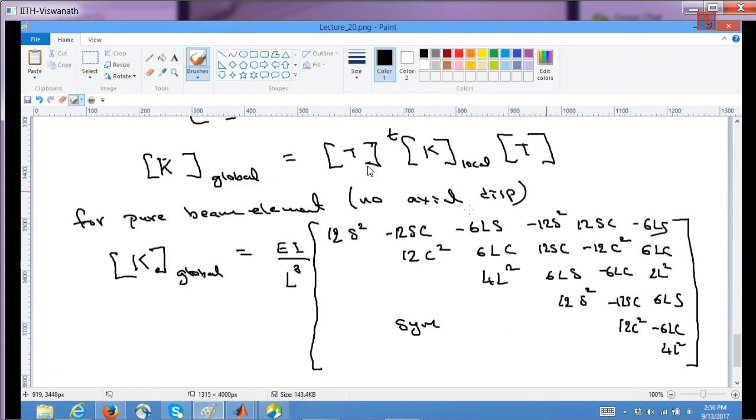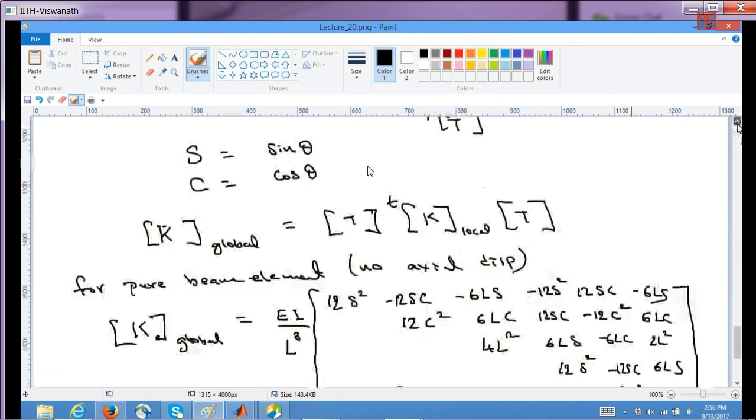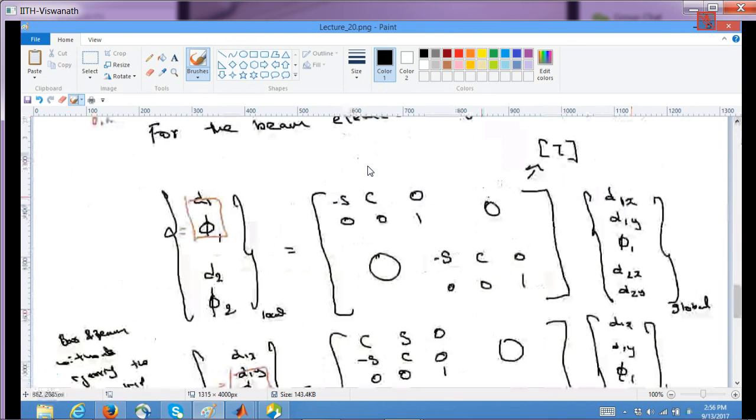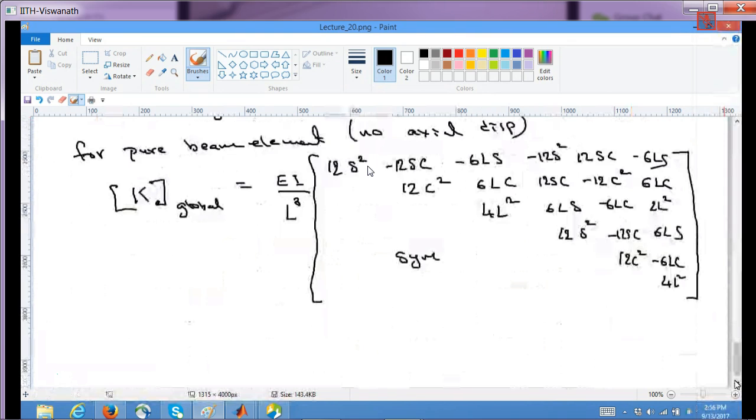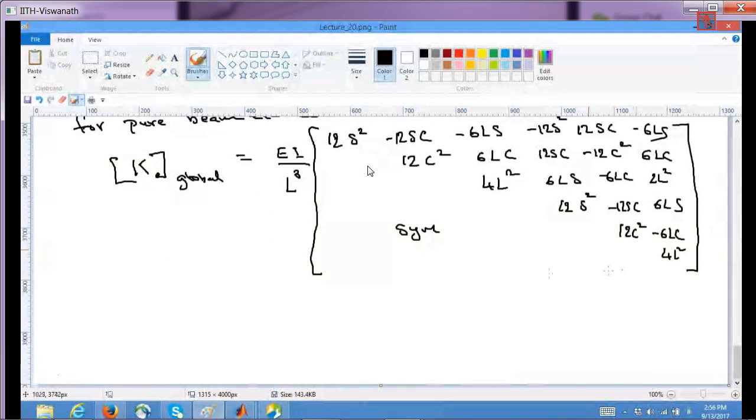If I take this as the T and multiply with my k local, which we already know and which I used to write every time, and multiply it in this manner, you'll end up with this one. So we'll use this kind of thing for the subsequent stuff.